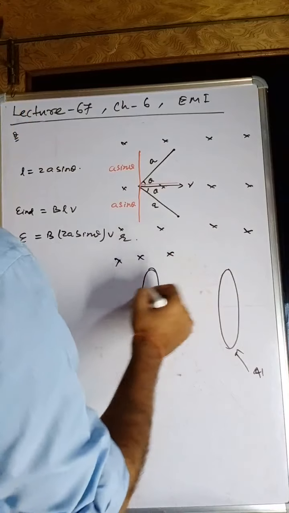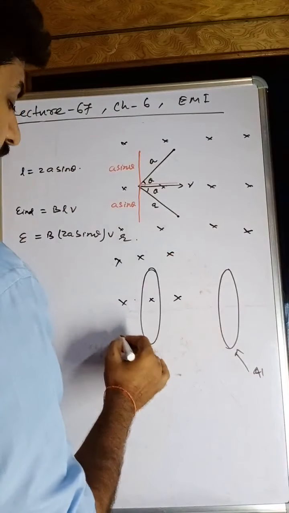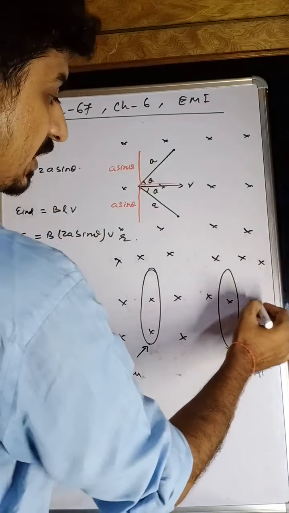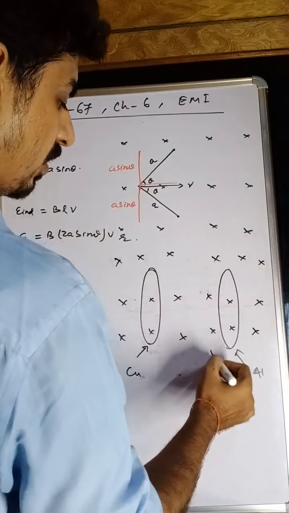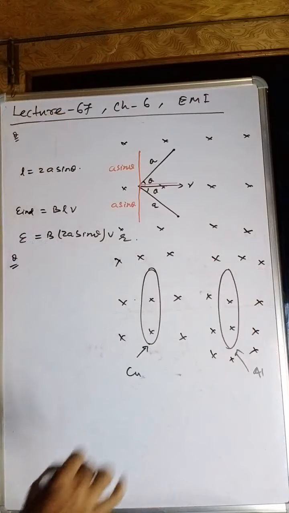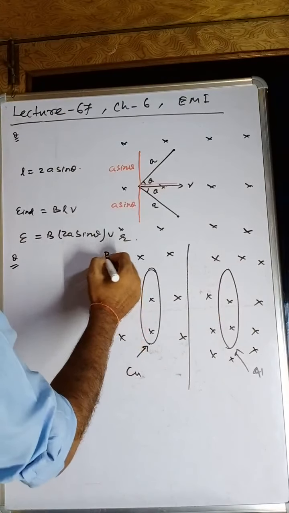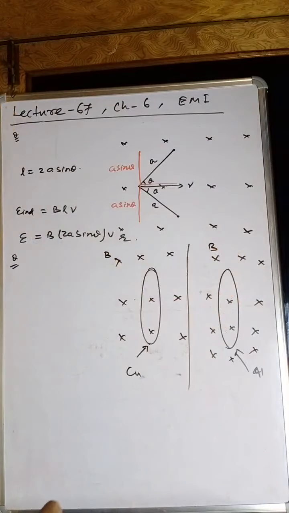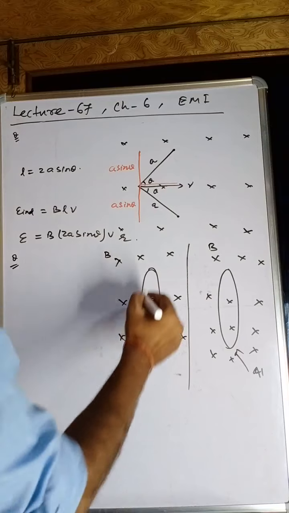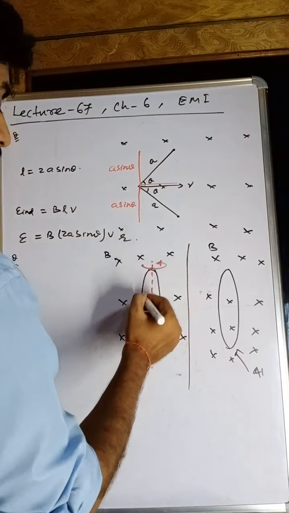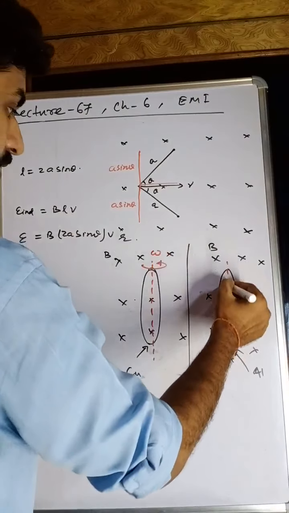These two are placed in a uniform magnetic field. Individually we are studying, remember, there is no relation between this coil and this coil. Individually we are considering, but the fields are uniform. Here the magnetic field is B and here the magnetic field is B also. These two rings are allowed to rotate with omega.